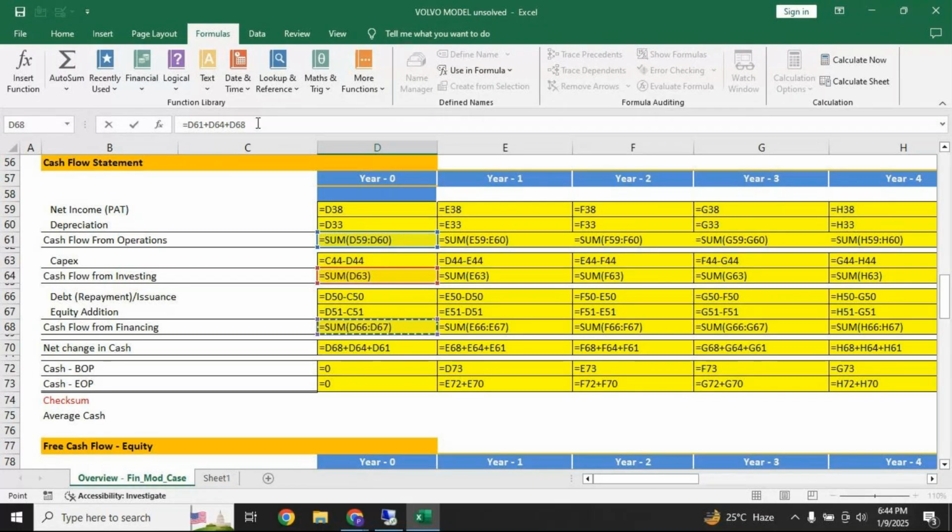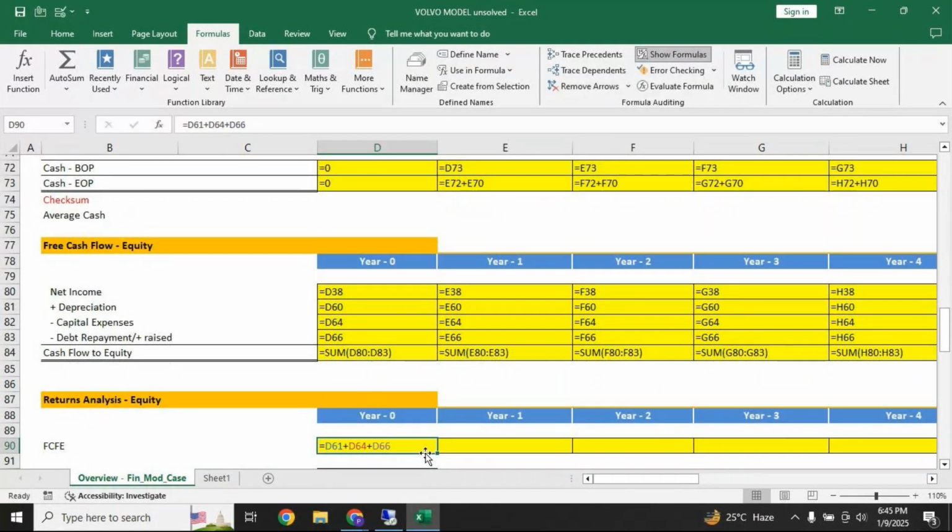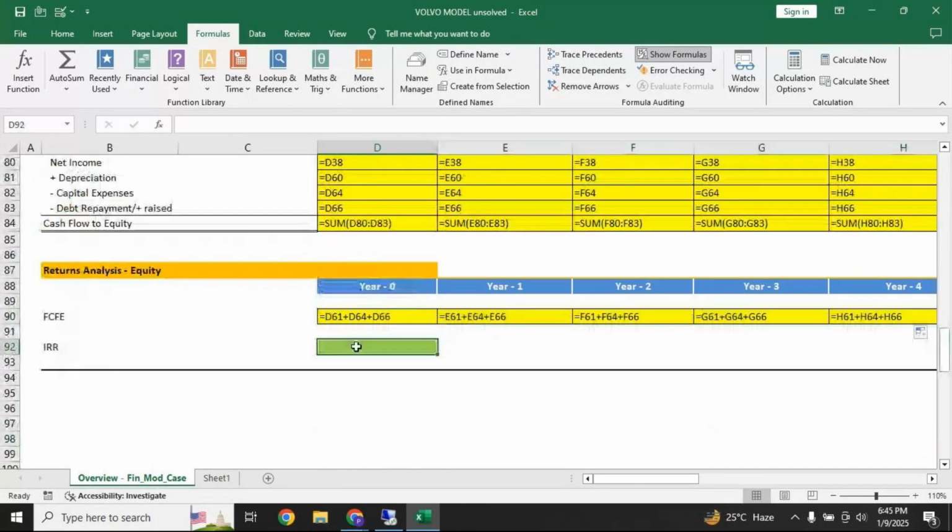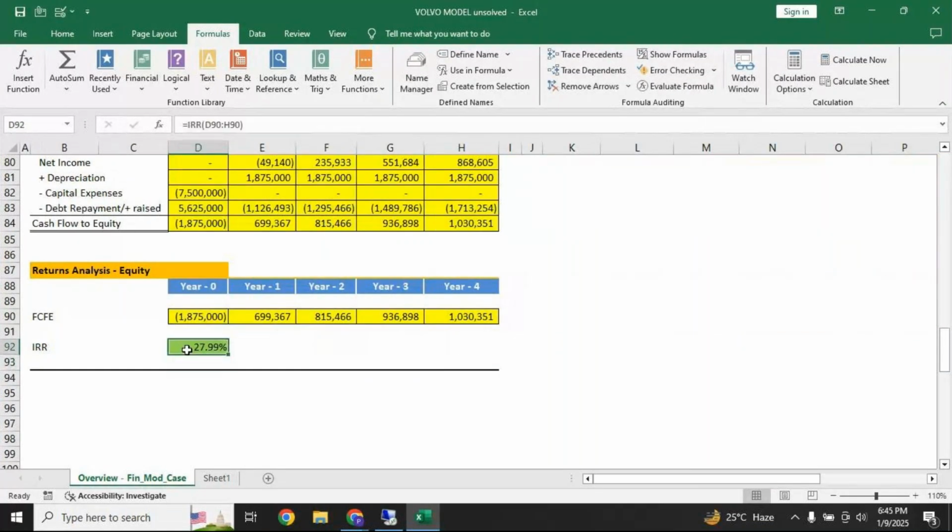So it will be debt repayment. Then IRR would be 27.99. It might come from 25 to 28, any values.